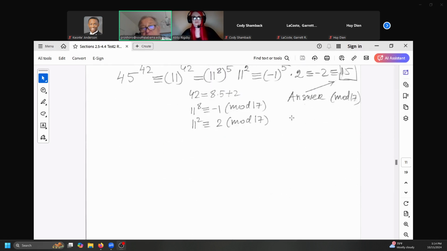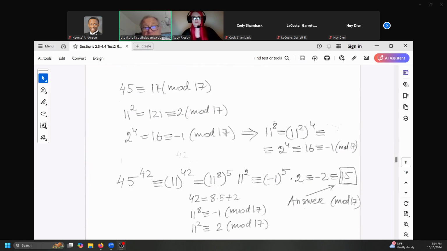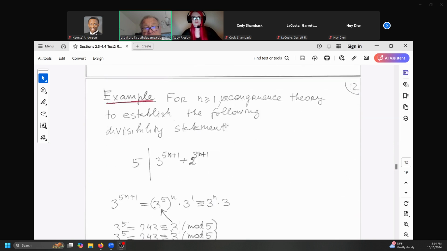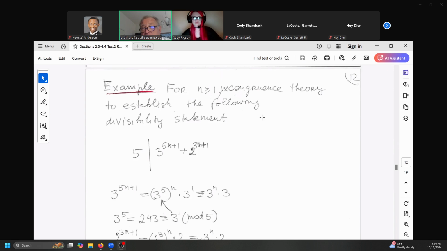This is a little bit more complicated example, but you can read it by yourself. Okay, let's do this one. It's important, you'll see something like that on the test. We need to prove for all n greater than or equal to 1.